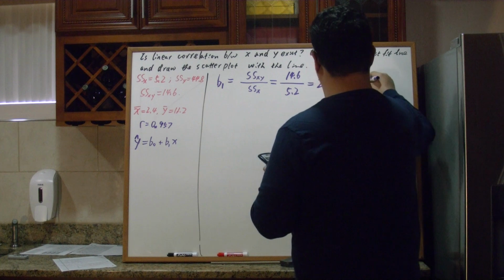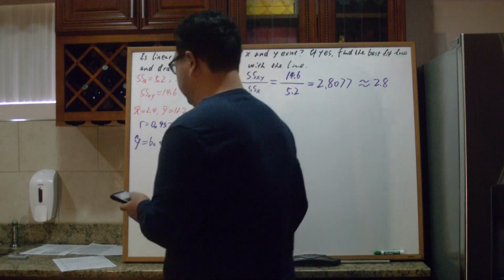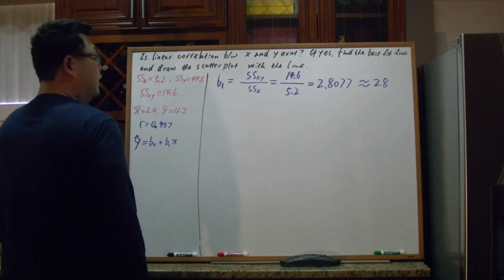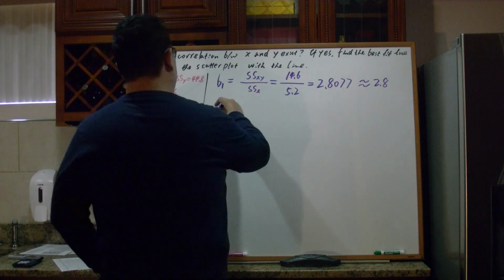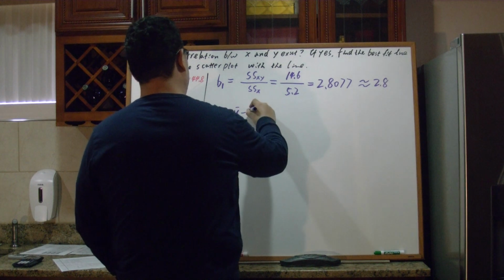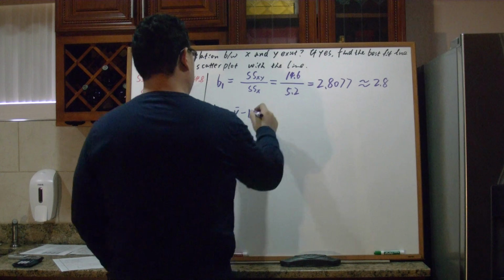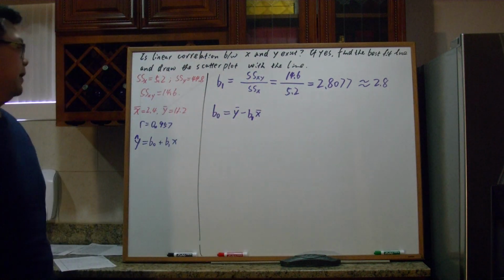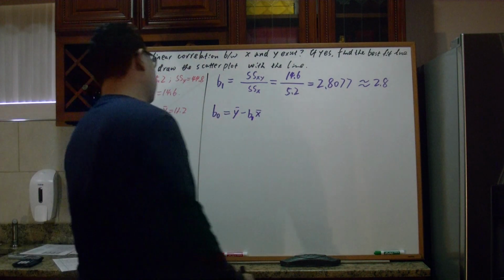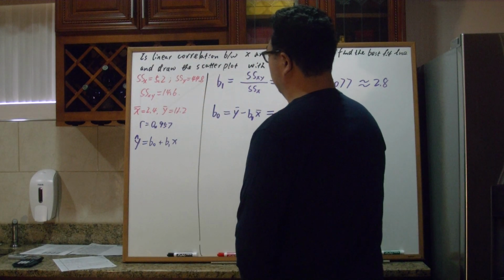Maybe you can round it to 2.8 for the final value. And since we need to use that inside our calculation to find out b0, maybe keeping more digits will be better.